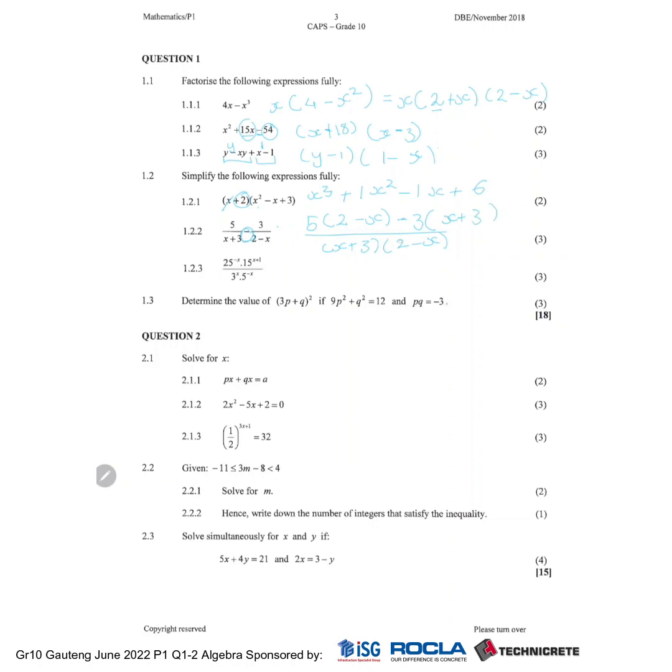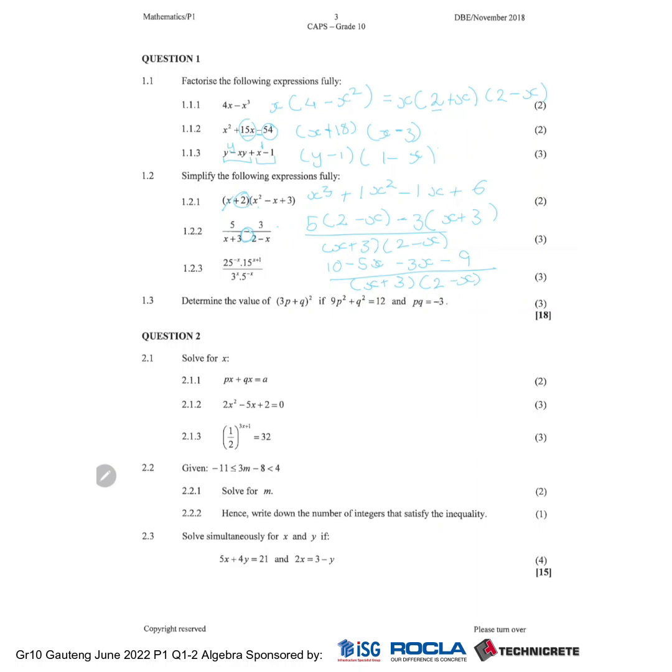How we can solve that further is by timesing the 5 into the bracket and the minus 3 into the bracket, which will give us 10 minus 5x minus 3x minus 9 over x plus 3 to minus x.